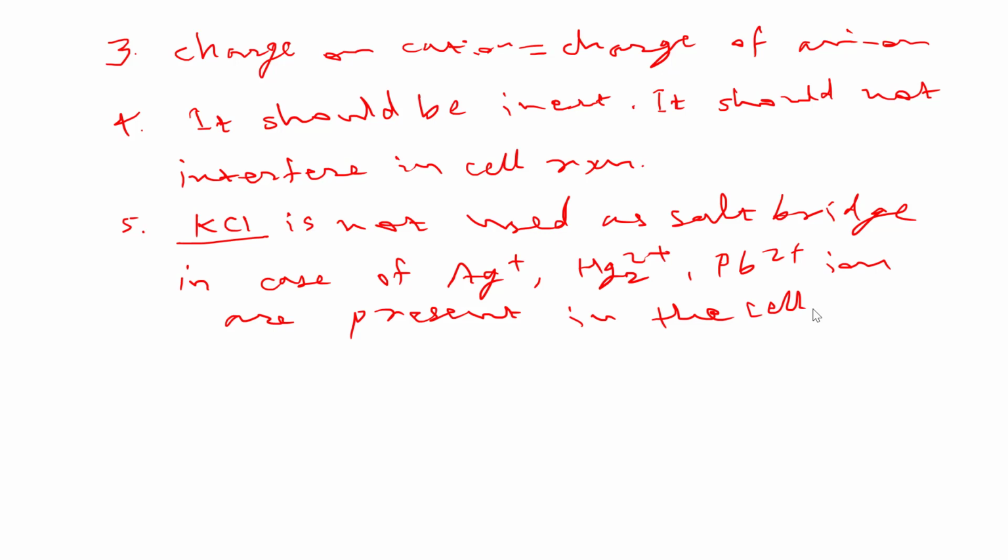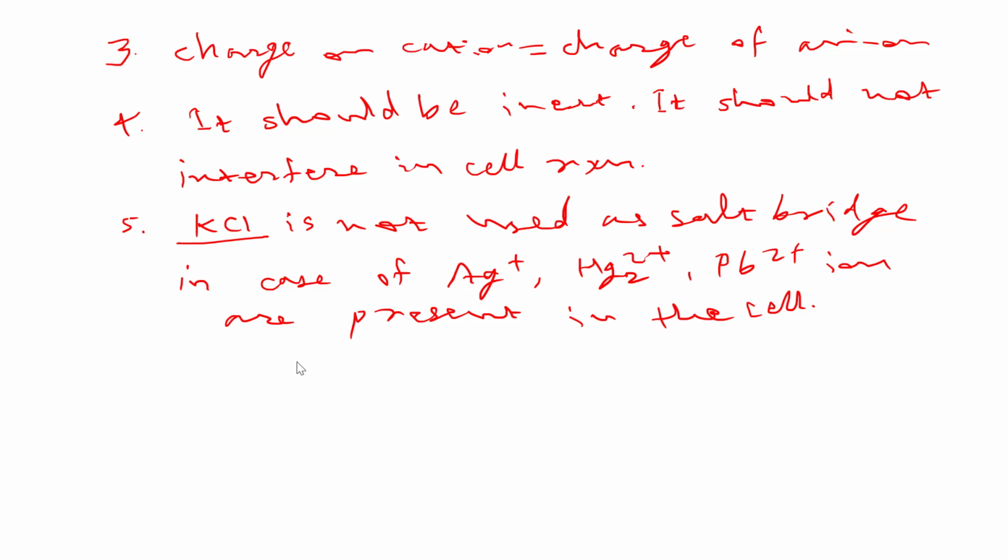Now, what is the reason we cannot use KCl as the salt bridge electrolyte if these ions are present in the cell? Because it will form salts with the Cl ions, AgCl and HgCl2. So there is precipitation.